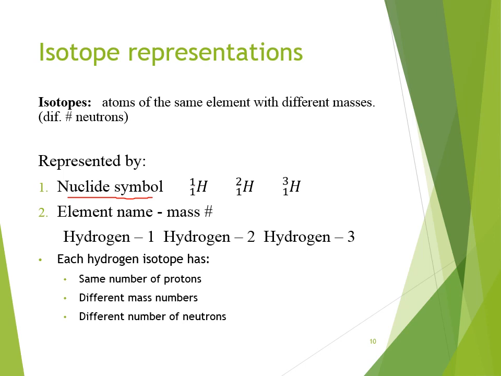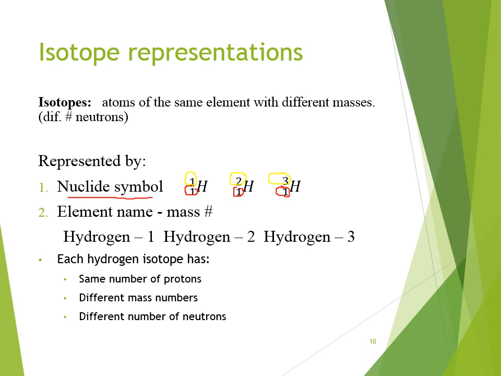Notice that the number of protons in the bottom left-hand corner is the same for each of those hydrogen isotopes because the number of protons cannot change. Otherwise, we would no longer be talking about the element hydrogen. What does change, however, is the mass number represented in the top left corner. So one isotope has a mass of 1, the next a mass of 2, and the last a mass of 3. This is due to the neutrons changing.